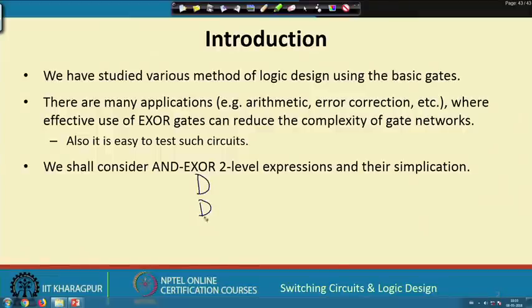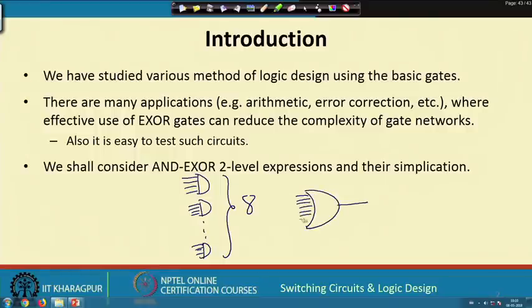So, in an AND-OR realization, what will we require? We will be requiring 8 AND gates, each containing 4 inputs each, and in the last stage we will be requiring a large OR gate with 8 inputs. And of course, in the inputs we will be using some NOT gates in addition, there will be 4 NOT gates for the 4 inputs.